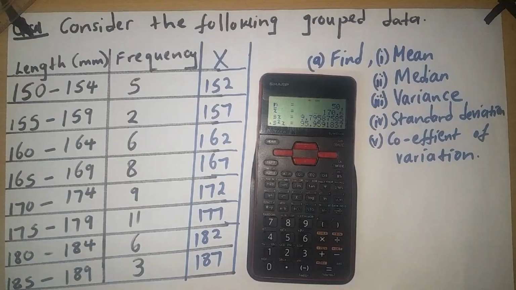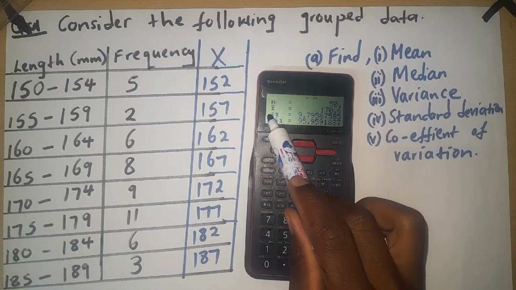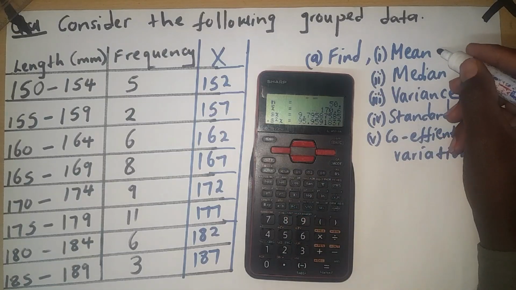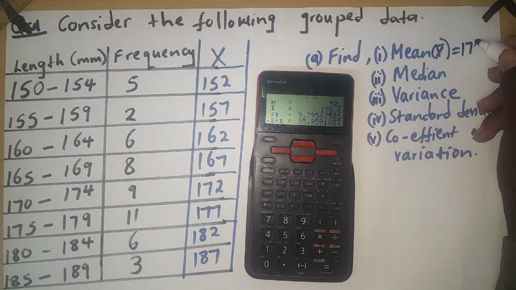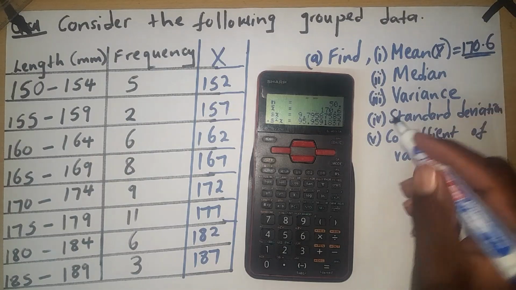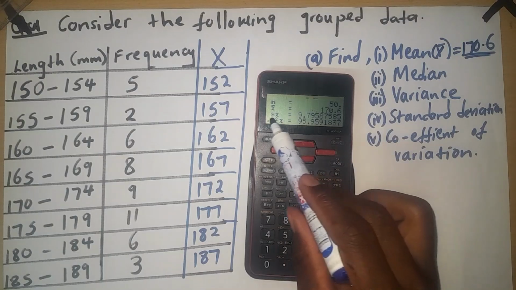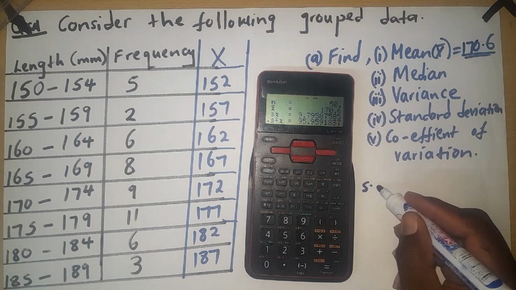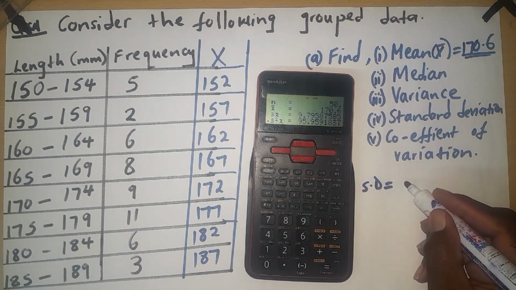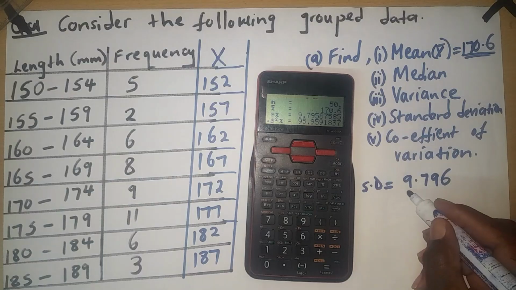If we look here, firstly we have n, which is equal to 50, followed by the mean, which is 170.6. Then Sx is for the sample standard deviation, which is 9.796.